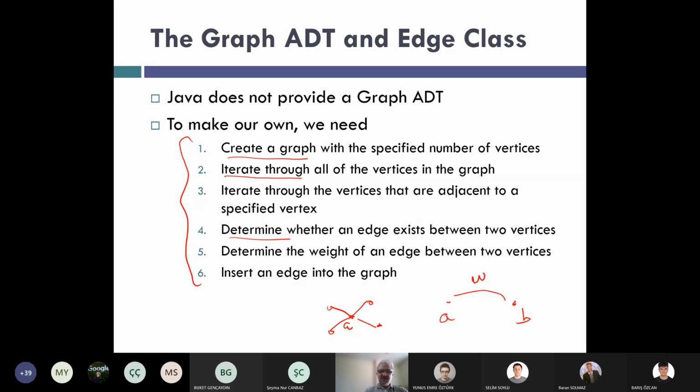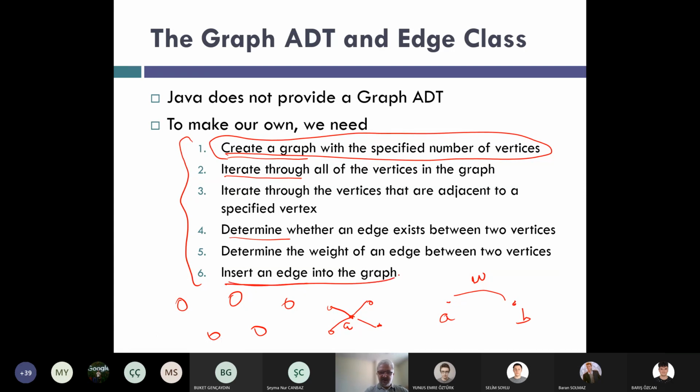Or we may want to insert an edge into a graph. So the graph we created has just vertices. For example, we may have 5 vertices in the graph when we create it, but there are no edges.